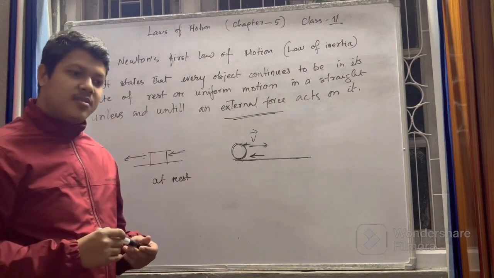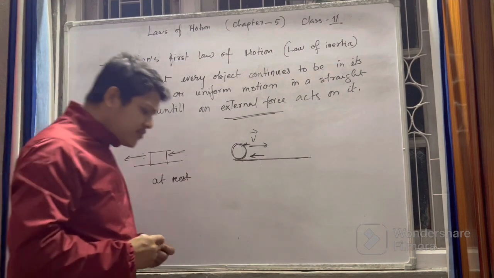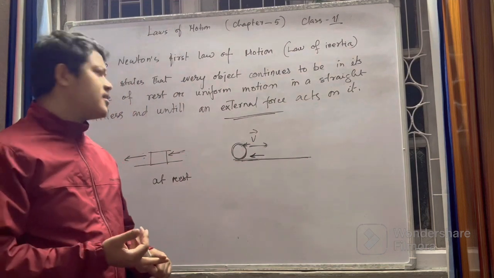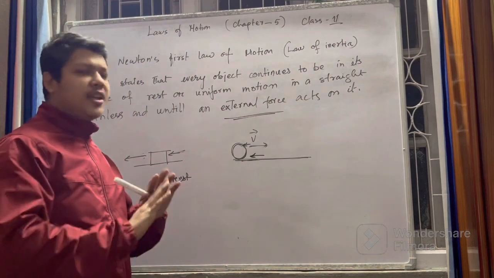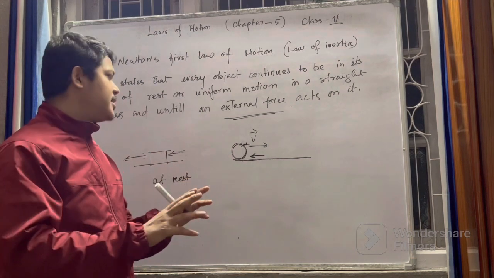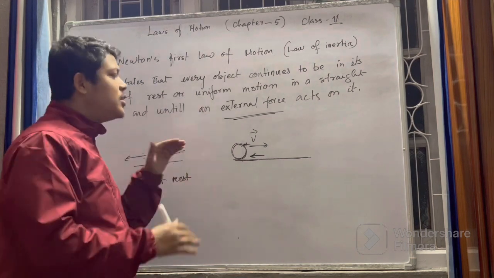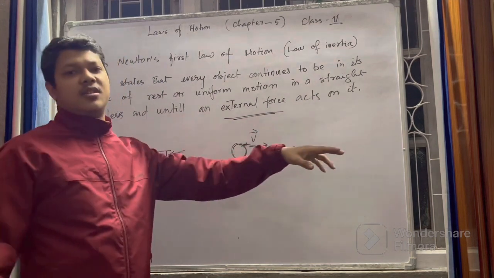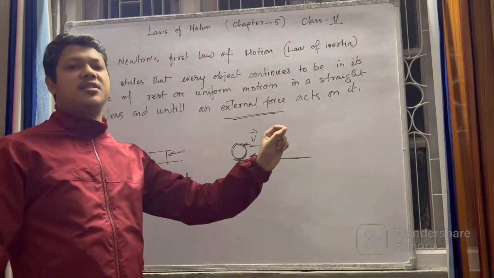Hope it is clear. If there is no gravitational force, no air drag, no friction, no force which resists the motion, then it will always keep moving in the same direction with the same velocity.